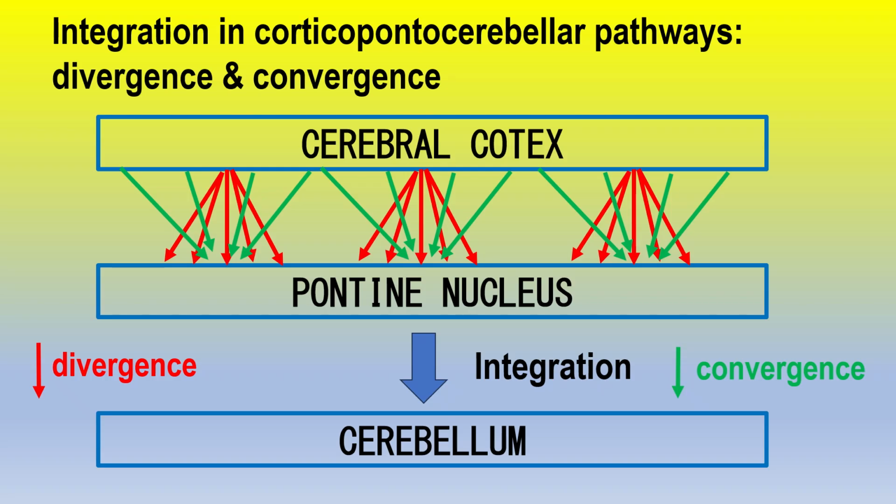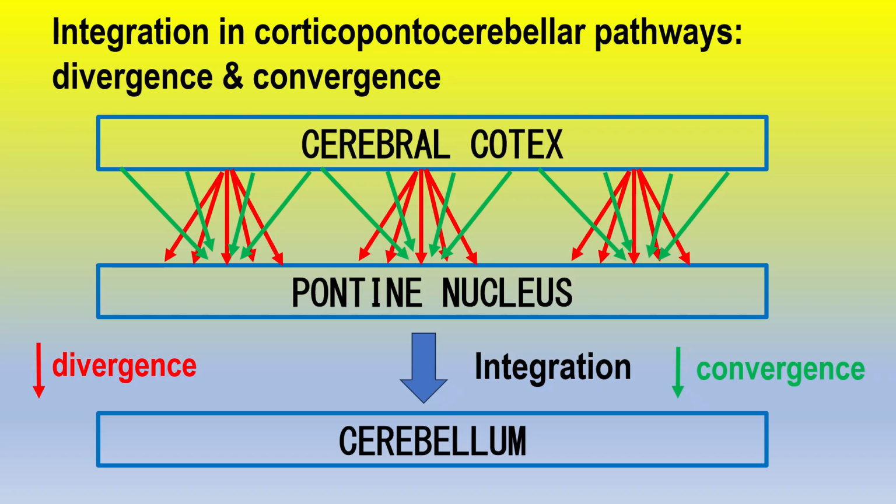The neural pathway extending from the cerebral cortex to the pontine nuclei exhibits marked divergence. For instance, a small region of the primary motor cortex projects to numerous neuronal groups within the pontine nuclei.